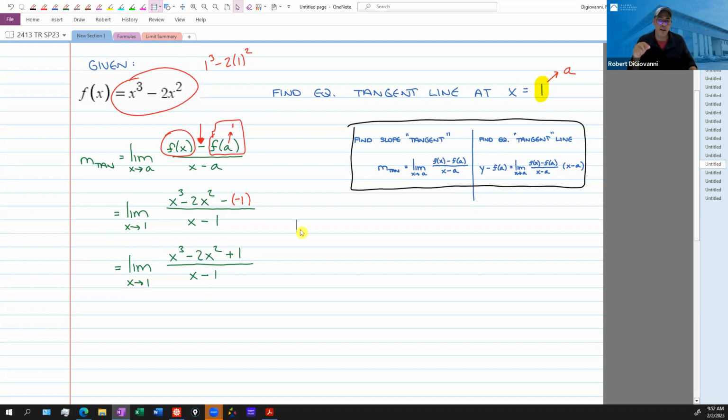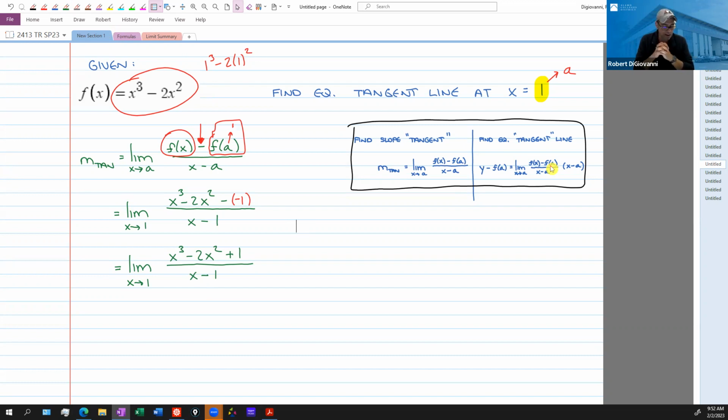If we can calculate this limit, then we can say what the slope of the tangent line is there. And once we have that slope, we're going to use the other formula, get the point we're talking about, and then get that slope together and create the equation. But we need to be able to calculate this limit.